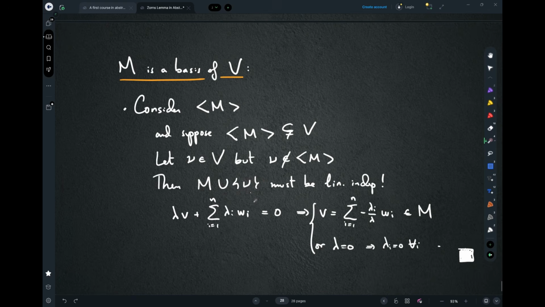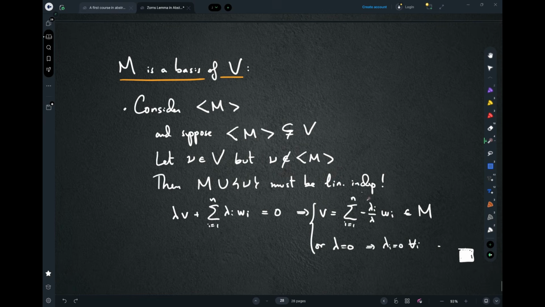So let's see that this is actually linearly independent. Suppose there was a linear dependence that involves v and some vectors in M. If lambda is non-zero, I could solve for v and put it in terms of the WIs, and then v would be in the space generated by M, and that would contradict this statement.